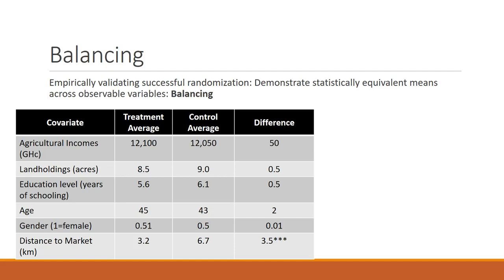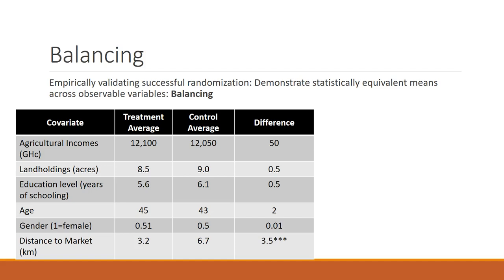If they're the same, then we can say, all right, there's statistical independence. Our randomization was successful. We have achieved statistical independence. Now we can go ahead and implement our experiment, and we'll be able to conclude from that experiment that we have no selection bias and we'll be able to determine our causal effect.